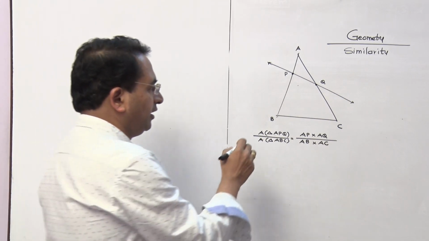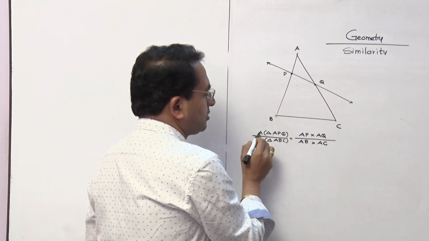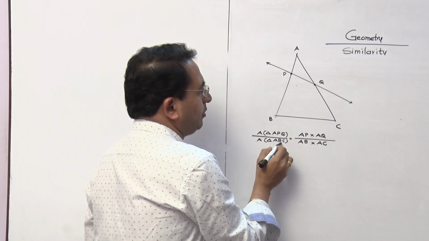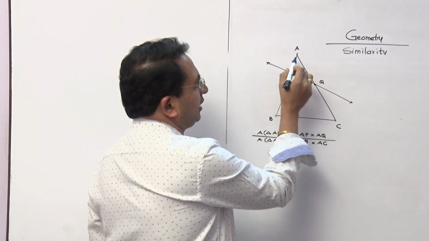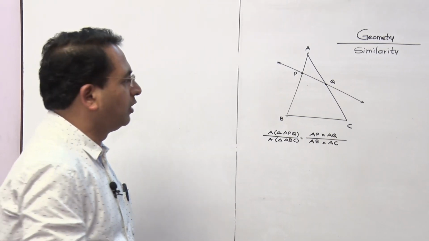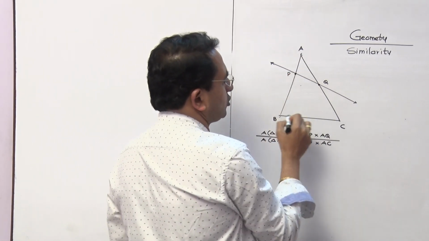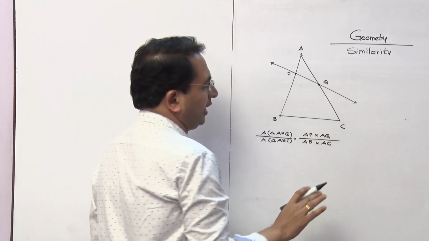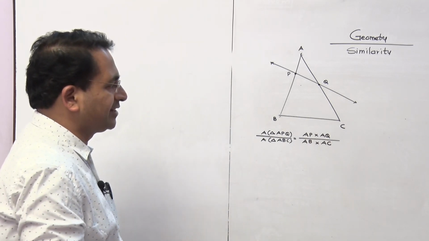Now definitely we have to discuss the area of triangle APQ and ABC. Now if you see it clearly, APQ and ABC are not similar, because this triangle is not isosceles. That is a general triangle I have drawn, nothing is mentioned as such.